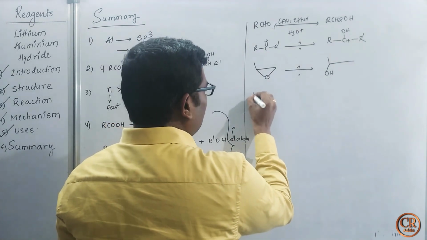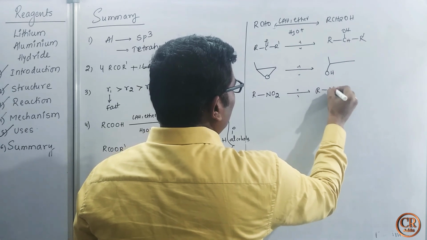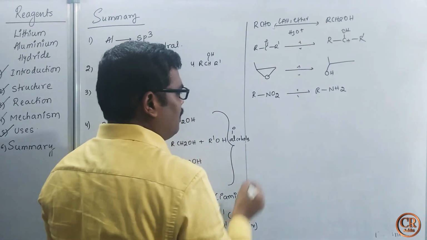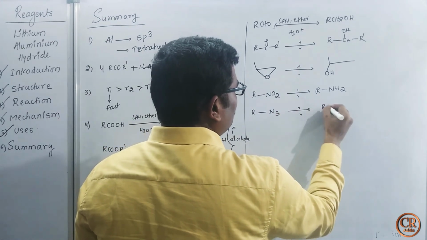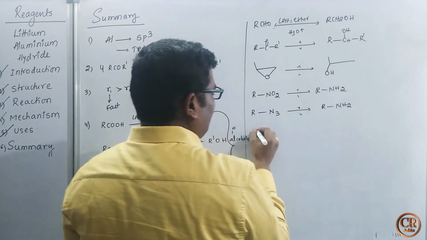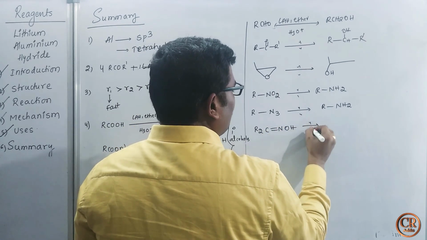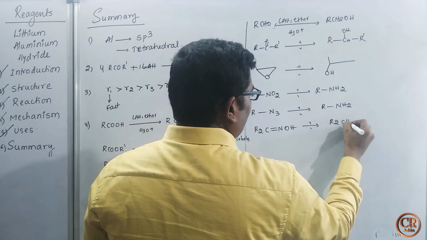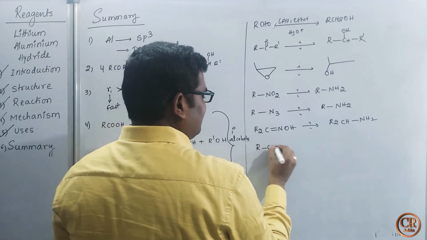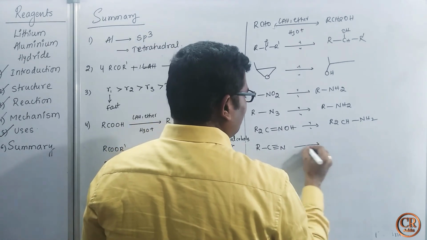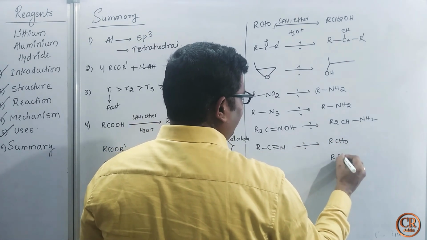Then if you take nitro compounds, they are reduced to primary amine. Alkyl azides are also reduced to primary amine. Oximes are also reduced to amine. Then nitriles are reduced to either aldehydes or amines.